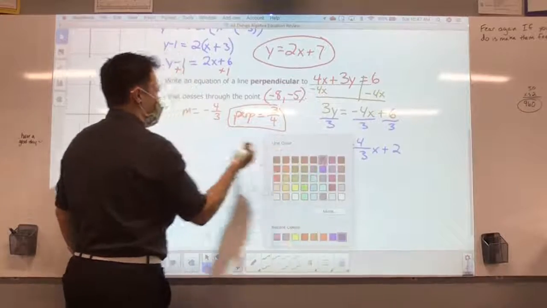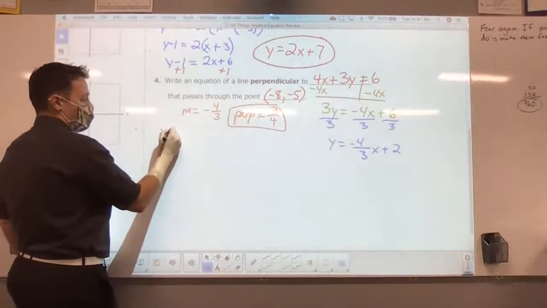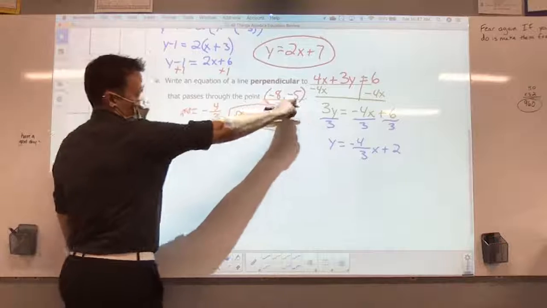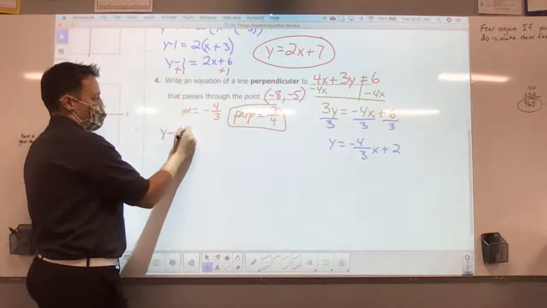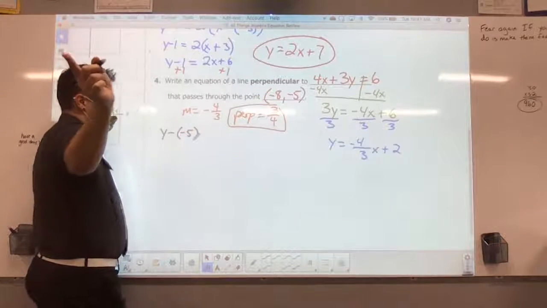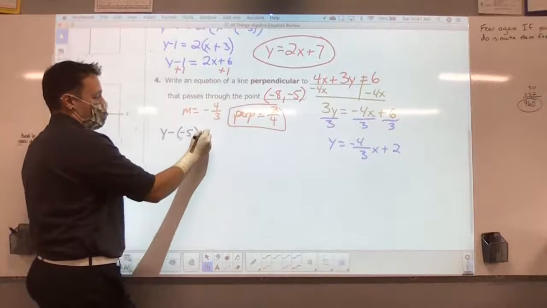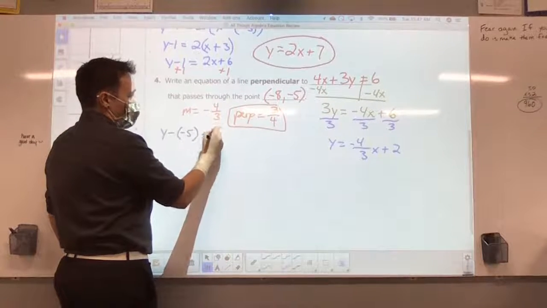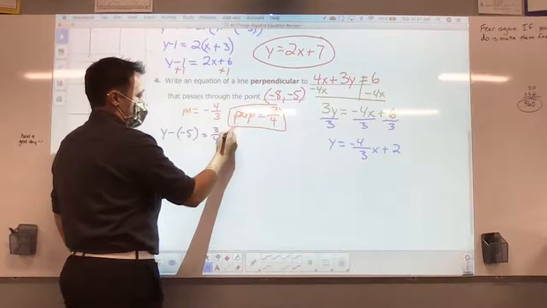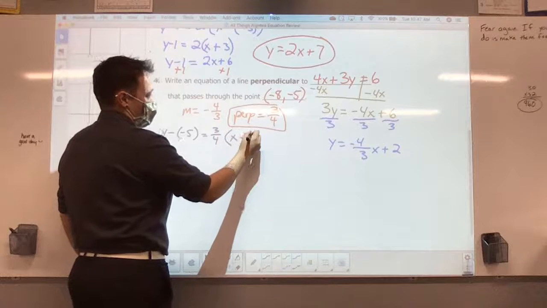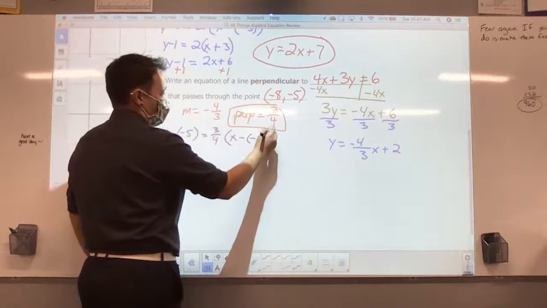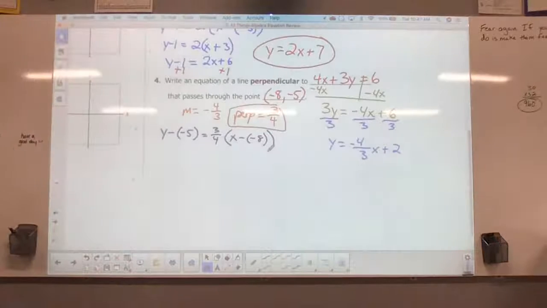Now, same thing applies. Please start writing it like this, where it's y minus, and then what is my point? It's a negative, which will turn it positive. For all of you in here that don't understand how these signs are switching, please write it like this. If you understand how it's doing it, you don't have to write it like that.